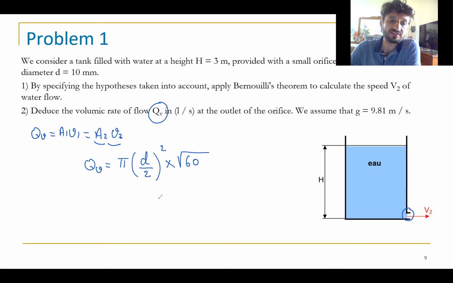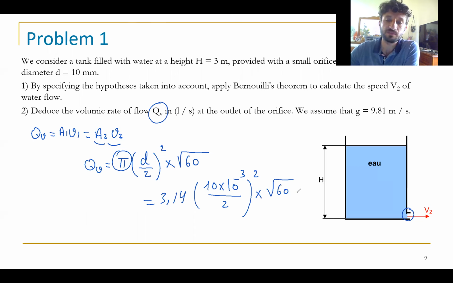QV is a volume per unit time, so it means meter cube per second. Pi equals 3.14, D equals 10 times 10 to the power minus 3, divided by 2, squared, times radical 60, and the answer will be in meter cube per second.